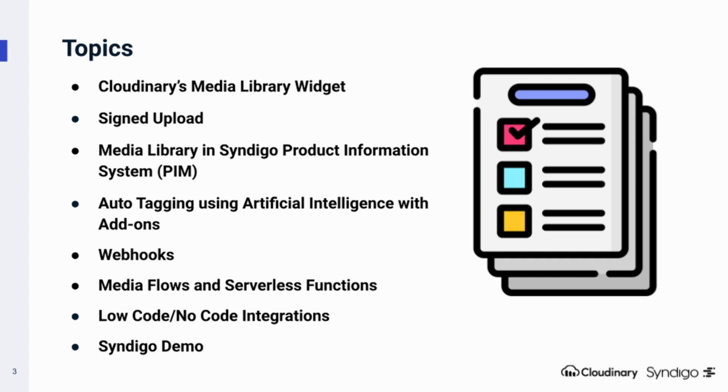So this is a widget that you'll see how to implement. And then we'll be looking at Cloudinary's artificial intelligence add-ons, which Syndigo uses for tagging. You'll see that's a very important feature, and if you're going to get into management, tagging is the way to go. There are many other Cloudinary features that benefit from tagging.